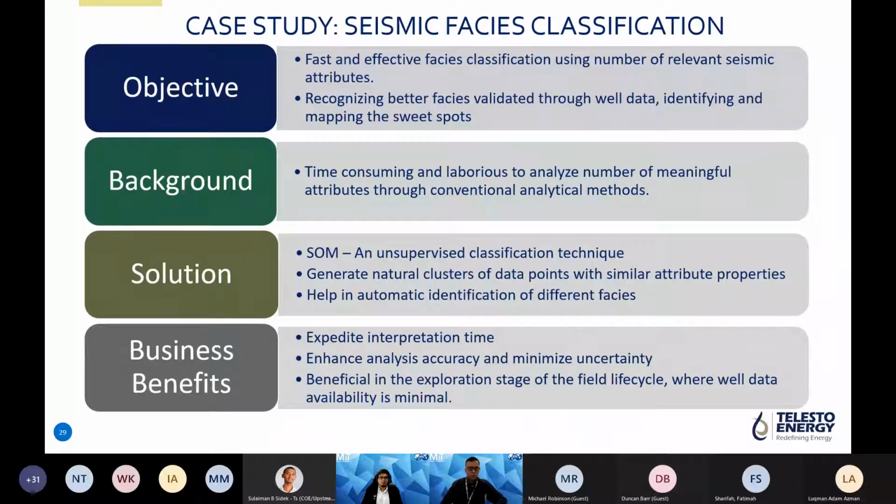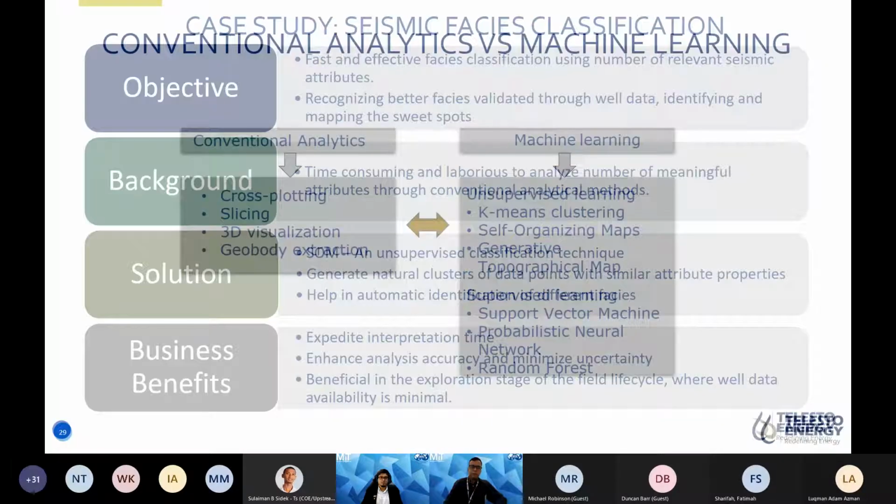So how it benefits: it expedites the interpretation time. The interpretation is faster, and it also brings out much more clarity in the data when compared to when we do it manually, and it's quite beneficial at the exploration stage of the field where the data availability is minimal.